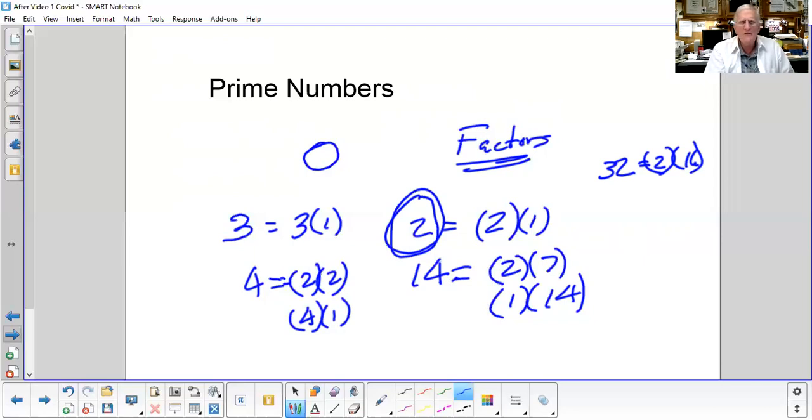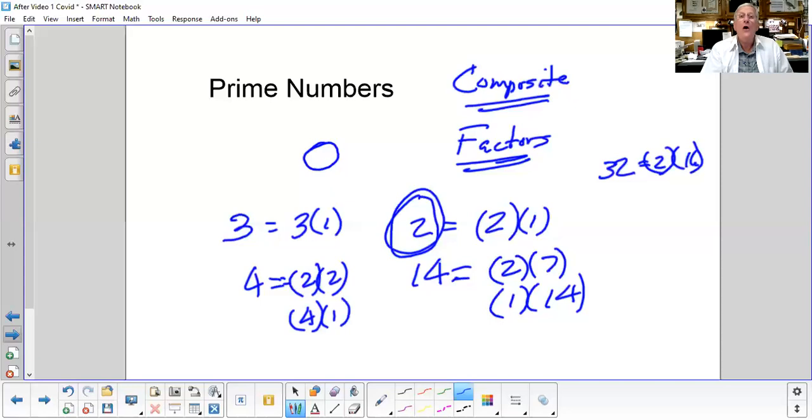So all even numbers above 2 are not prime. They're called composite. Now, a composite number isn't prime. It has factors other than itself or 1. So the only even prime number is 2, right?